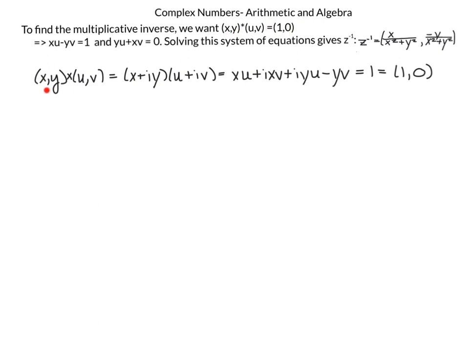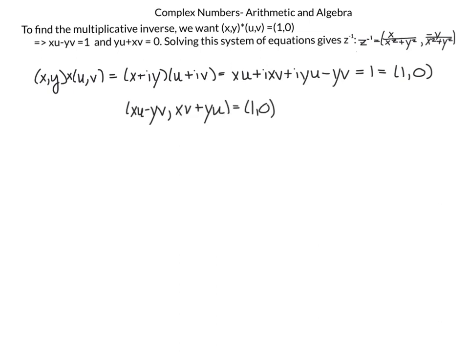So I've expanded out (x, y) as x plus iy and (u, v) as u plus iv. I multiply, I get xu, I get i xv, i yu, and then minus yv, and that should equal 1. Expanded out, that would be (1, 0).